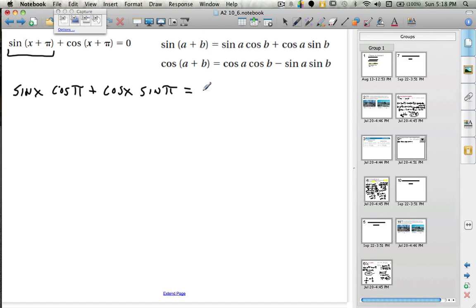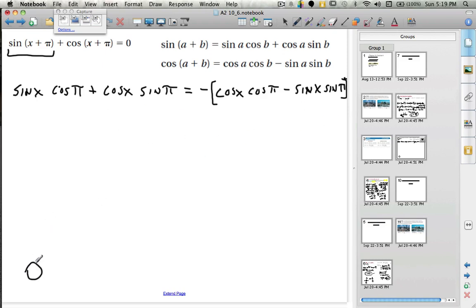And you know what? I'm going to go ahead and subtract this to the other side. So I'm going to put negative. So I'll have cosine of x cosine of pi minus sine of x sine of pi. Okay, so I've worked this all through.